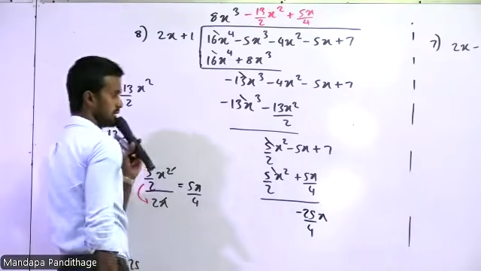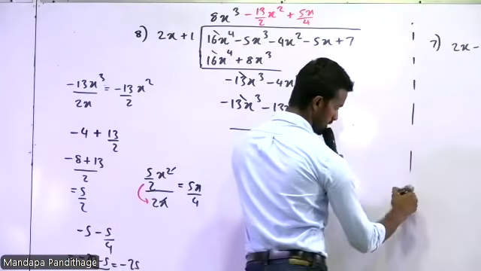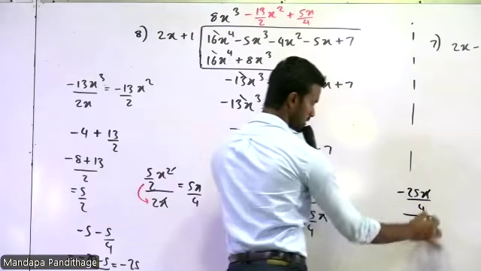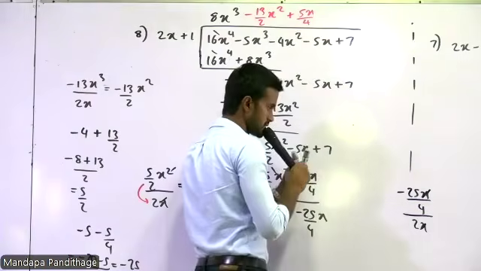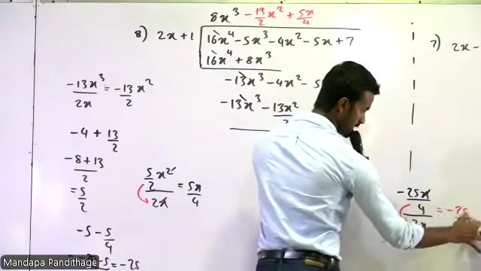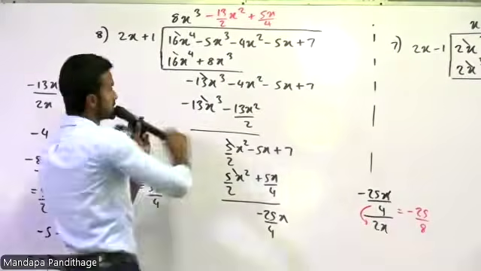Clear? Okay, again, now divide this by 2x. Same drill. Minus 25x over 4 divided by 2x. x cancels off, this 4 comes down. It's minus 25 over 8. Okay. So you get minus 25 over 8.